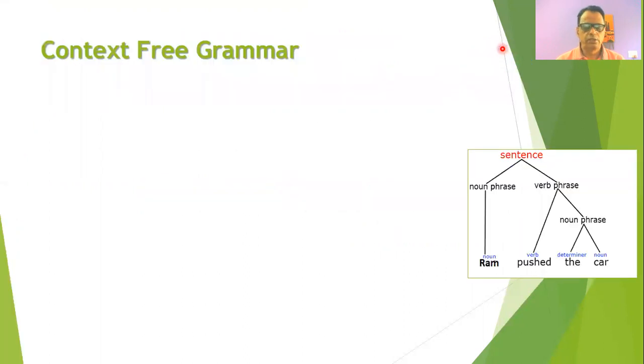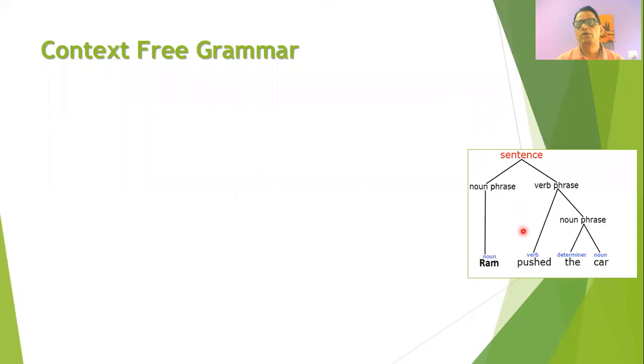So let us start the session with the question: what do we mean by context-free grammar? Whenever we have any language, in order to write a sentence in the language, we need to follow the grammar of the language. So every language has certain grammatical rules, and these rules are to be obeyed whenever we write any sentence in the language.